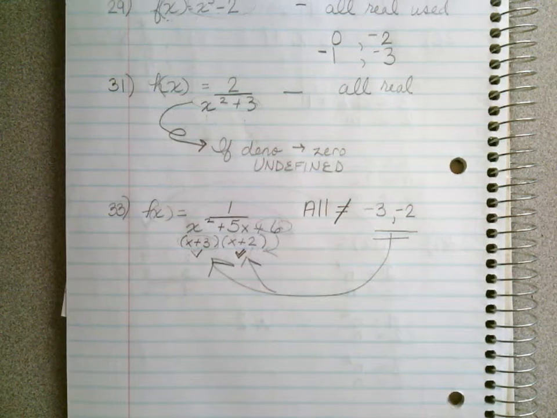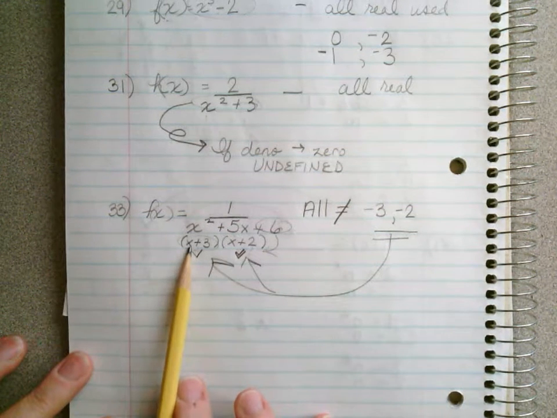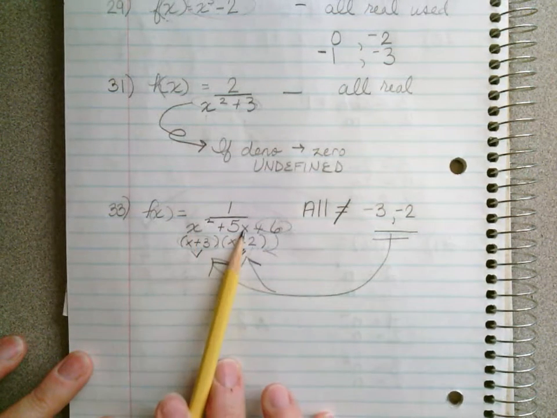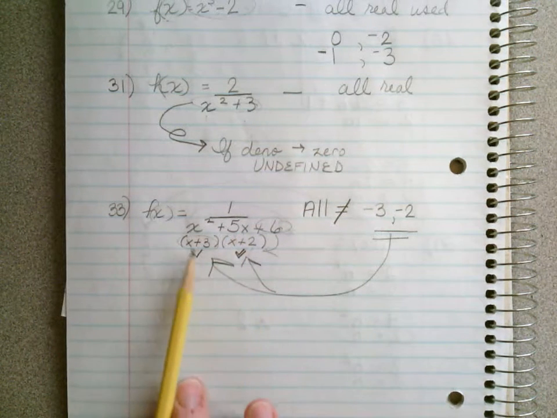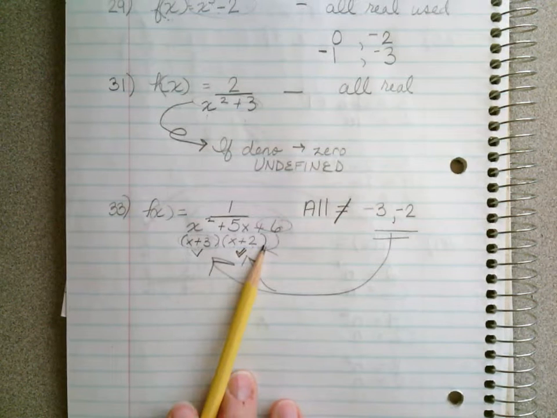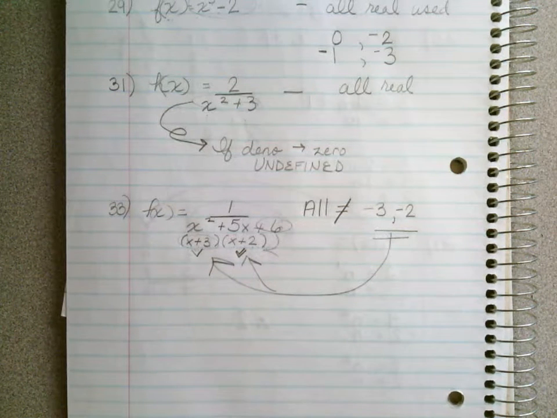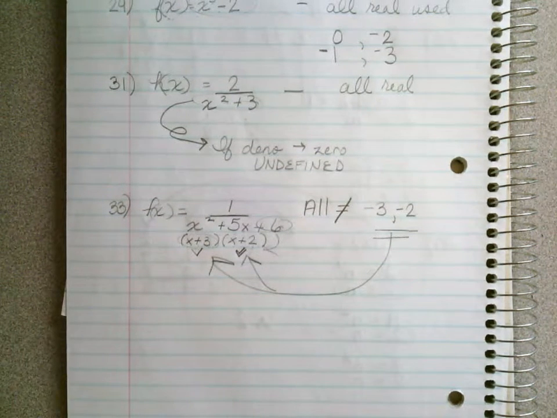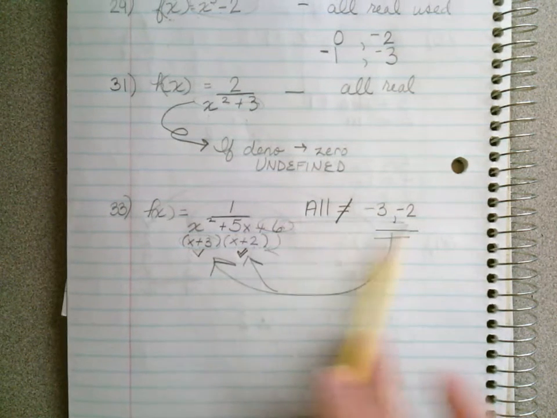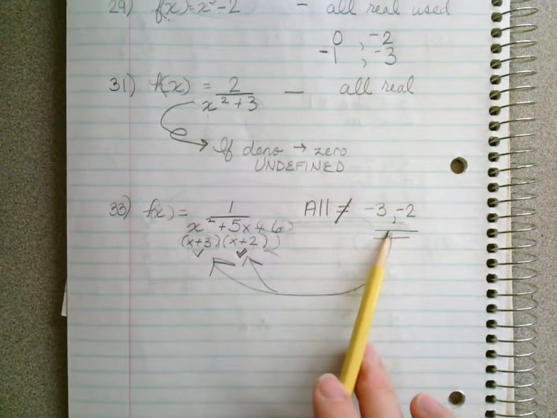If 0 works for these equations, then it's all numbers? Not necessarily, because 0 works here, 0 plus 3, 0 plus 2. Yes, it's a denominator situation. None, or whatever causes the 0 in the first place.